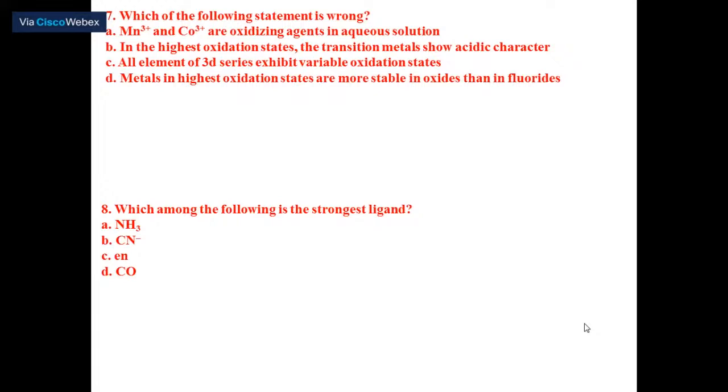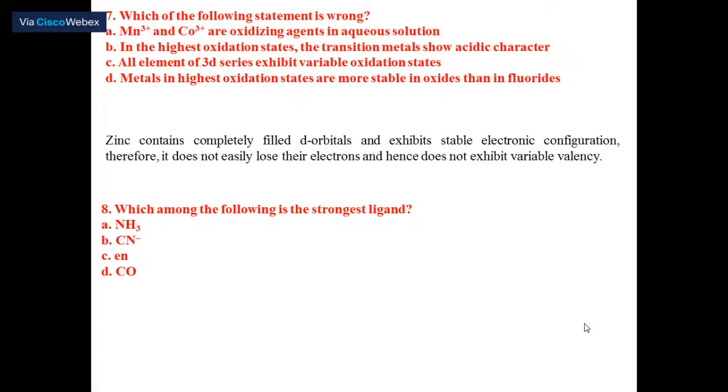All the elements of the 3d series exhibit variable oxidation states, of course, but some elements will not exhibit that. Let's see that. Metals in the highest oxidation states are more stable in oxides than in fluorides. This is also correct. Let's see the answer.